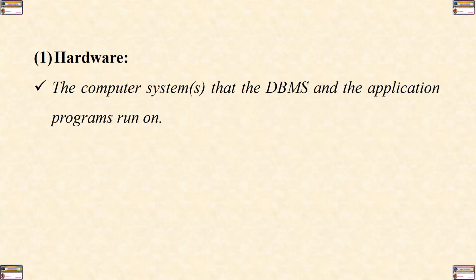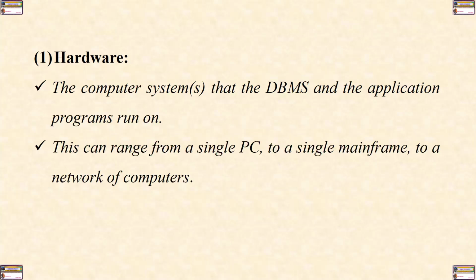And in this case, we are going to require a computer system that the database management system and the application programs run on. So you need a computer. Now, this can range from a single personal computer to a server to a group of computers forming what we call a network.